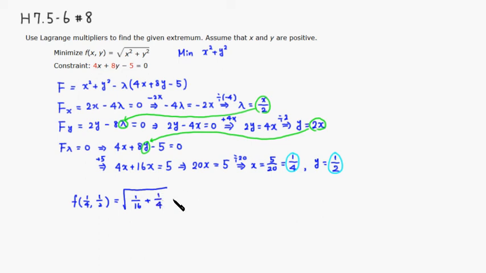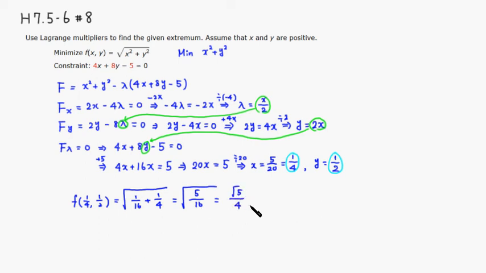With a common denominator of 16, 1 plus 4 over 16, so 1 plus 4 is 5, so it's going to be the square root of 5, and the square root of 16 is 4.